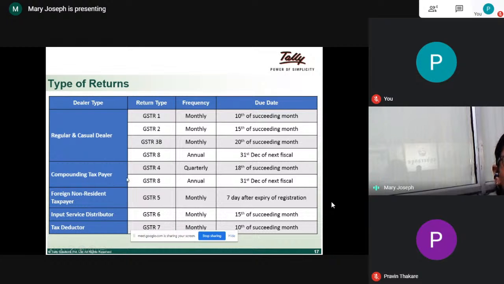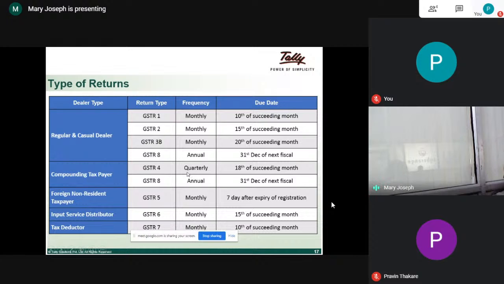Compounding taxpayer. Compounding taxpayer means the composition levy. Quarterly he has to pay the return on annual turnover, and the report is generated as GSTR4.